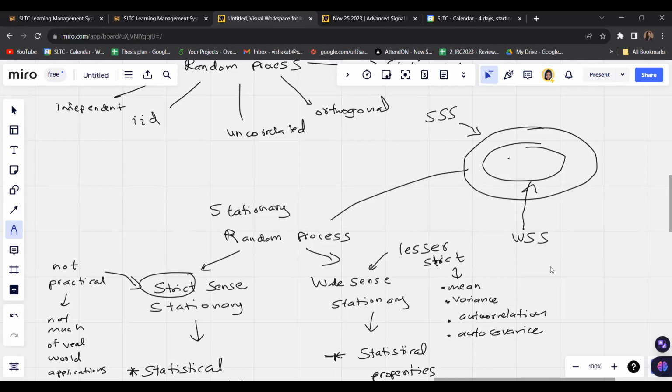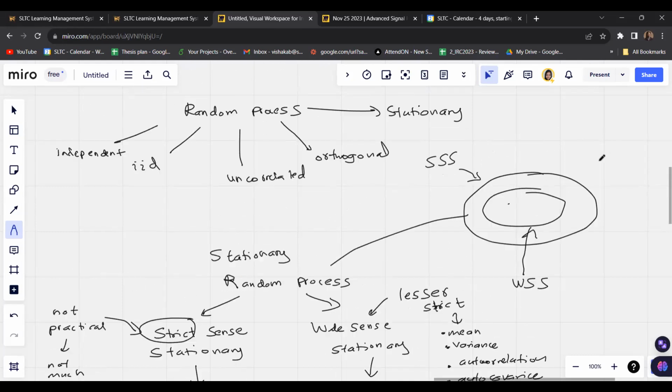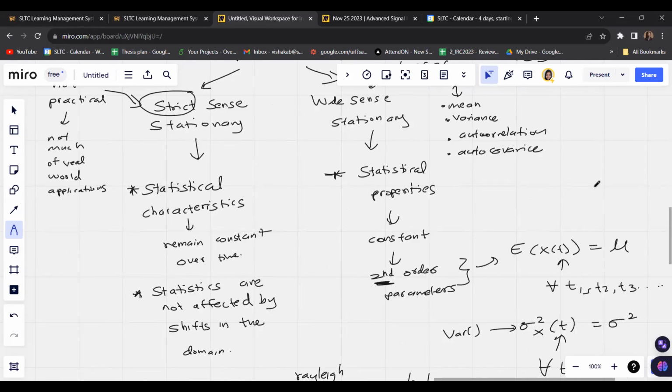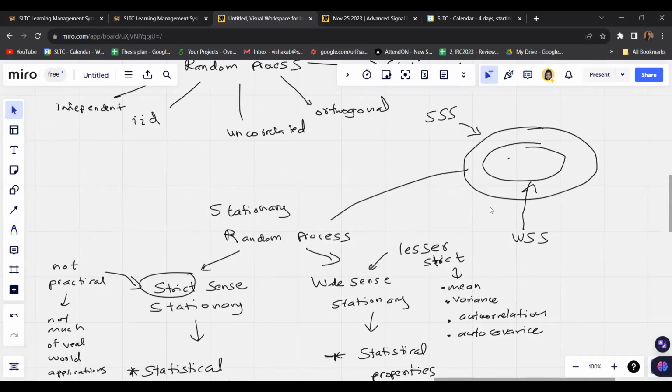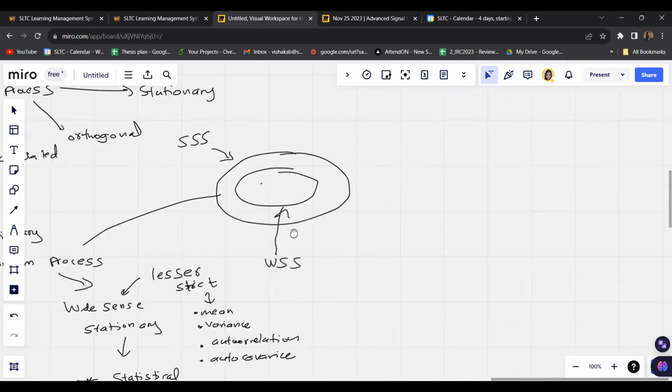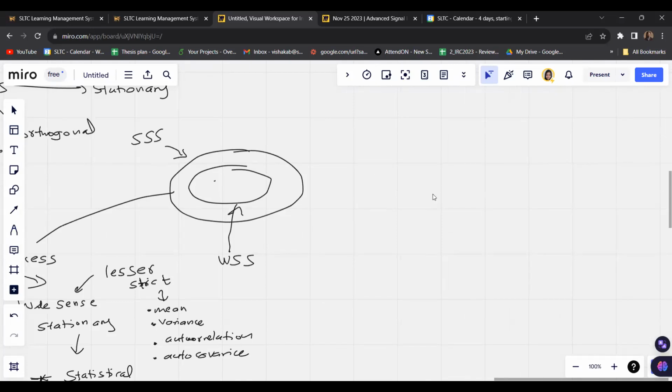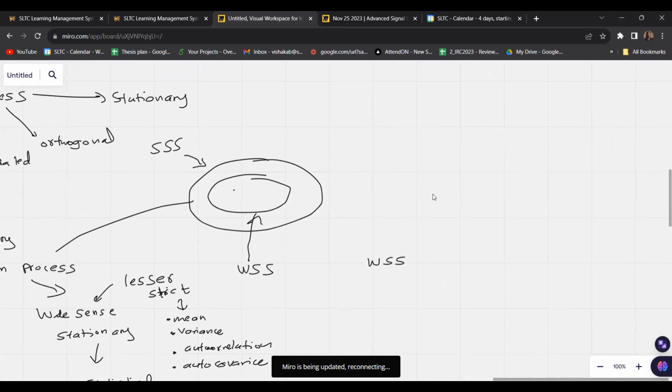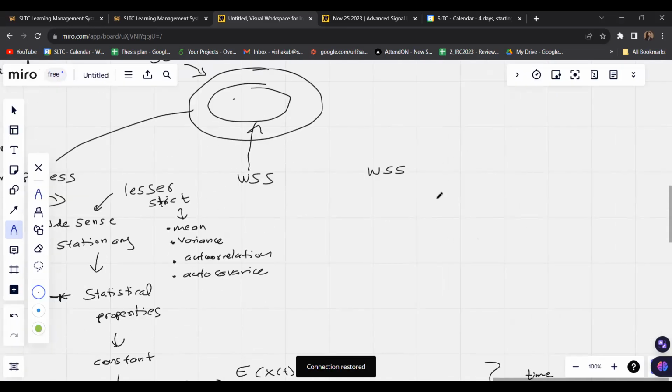And if there's a process which is wide stationary, it will not always be strict stationary, right? That means that if there's some wide stationary process, it will not be a strict stationary process all the time. There can be a wide stationary process which has the statistics constant up to second order.